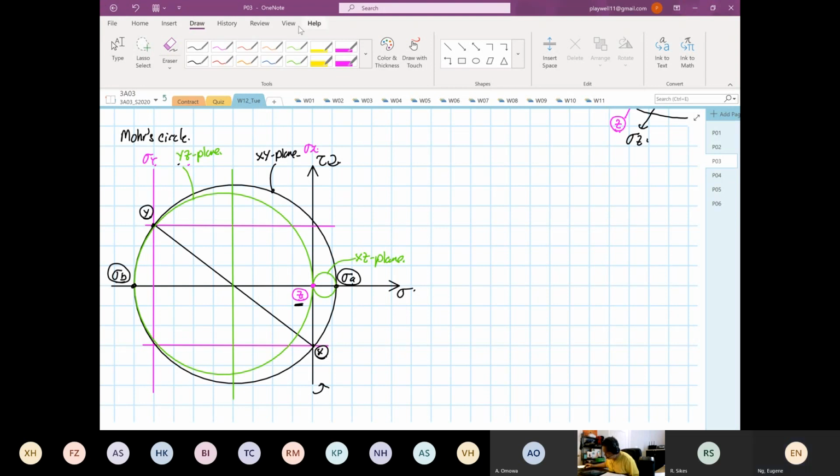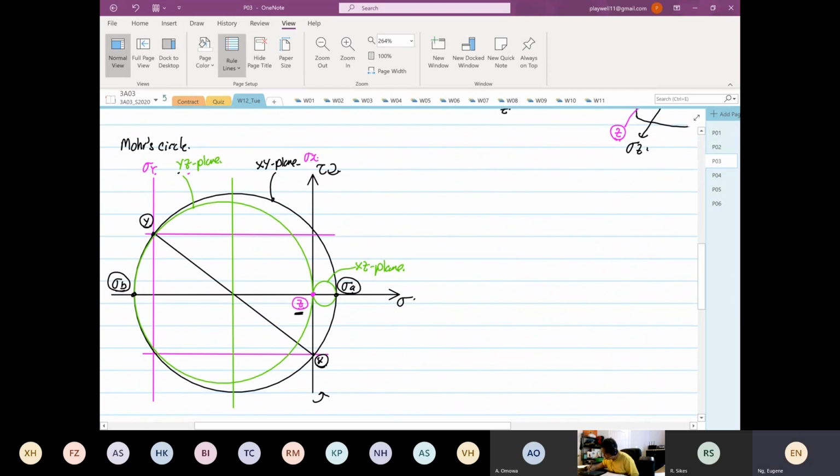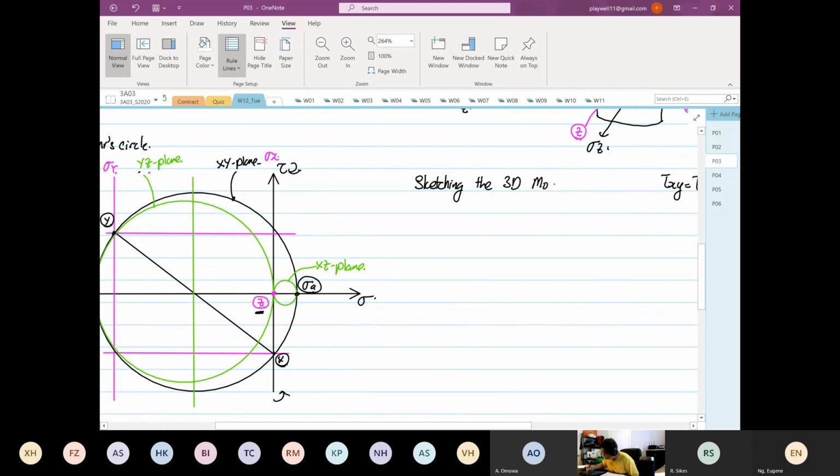Okay, so I'll write down here, sketching the Mohr circle. The 3D Mohr circle will help to identify if stress A and stress B are or is equal to 0. Stress A or stress B is equal to 0.